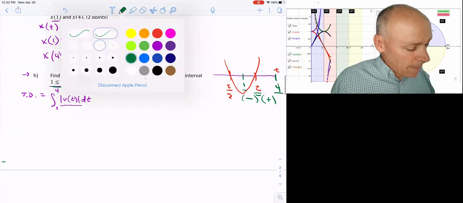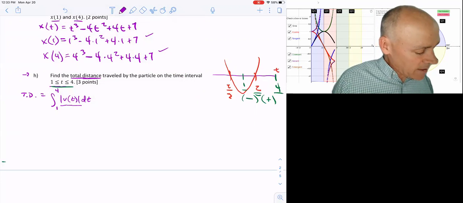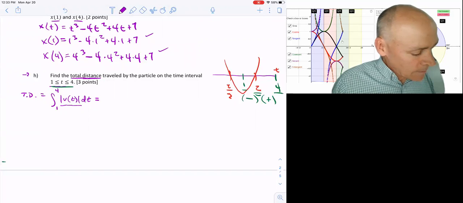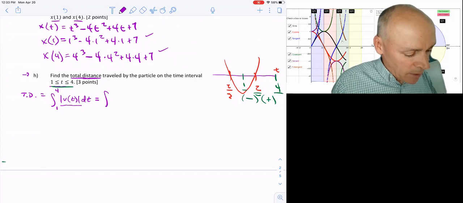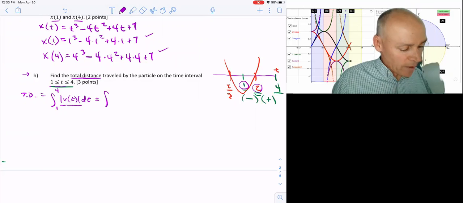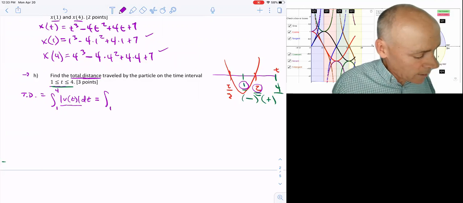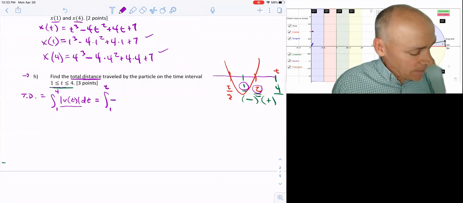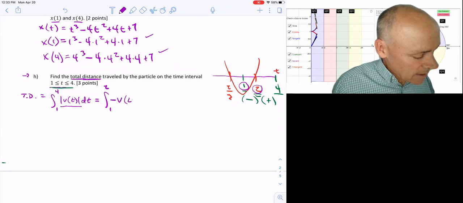So what I can do is break this one integral up into two integrals. The first integral is from 1 to 2, where velocity is negative, so I'm going to have to take the negative of velocity.